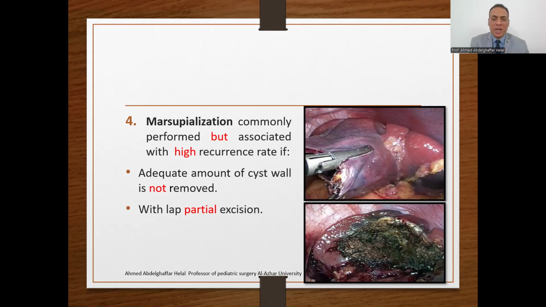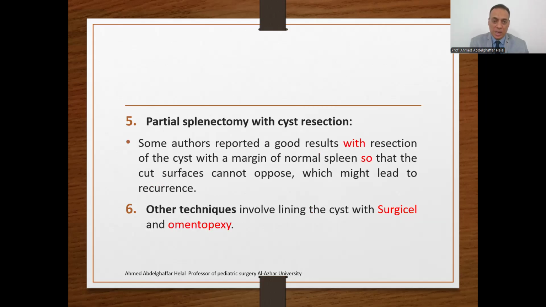You should remove an adequate wall of the cyst and leave the cyst open so the walls cannot oppose again and the cyst recur. This is common with laparoscopic excision of the cyst because it may be a partial excision and not a complete excision. So you should excise the cyst wall adequately so that the edges cannot be opposed again and there is no recurrence.